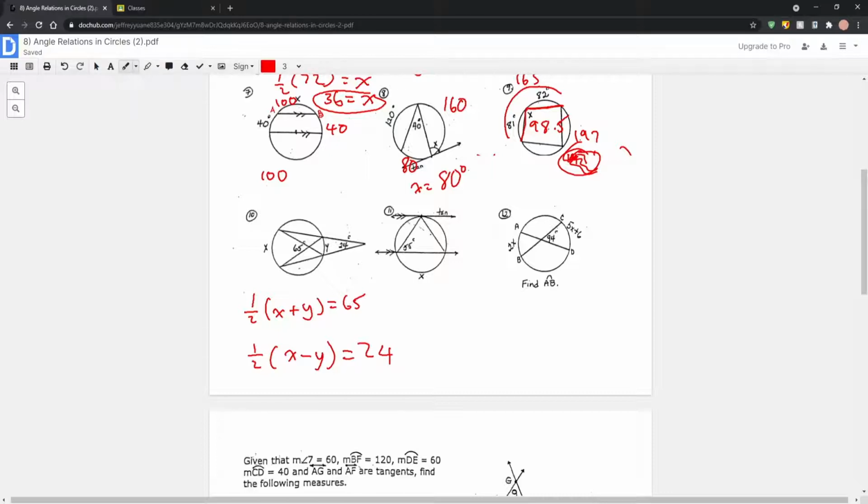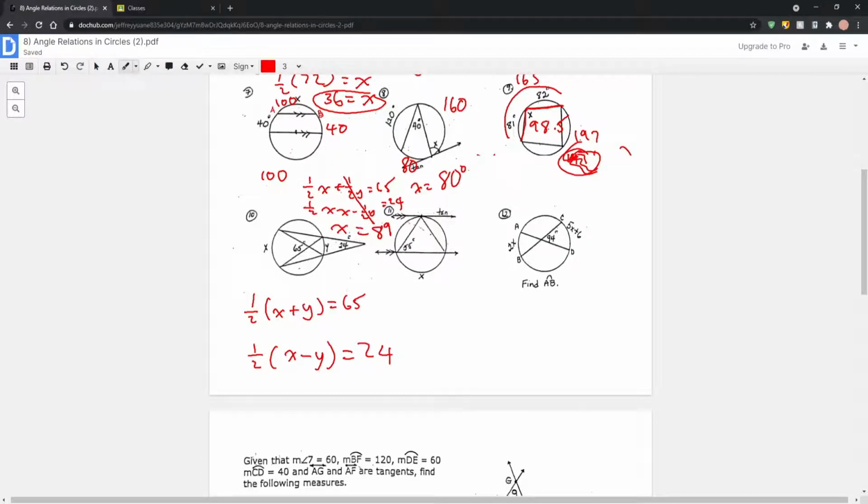Using these two together, we need more space. It's unfortunate. We're going to go up top here, so we can eliminate these two. We get x is equal to, add these up, 89.